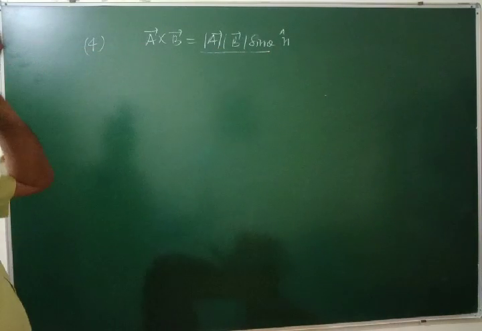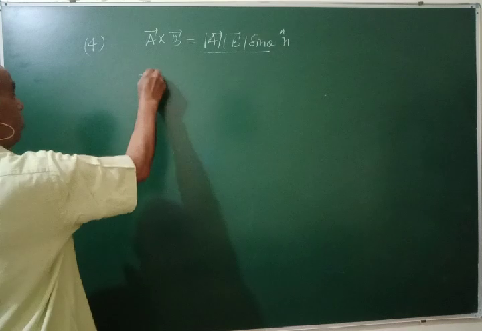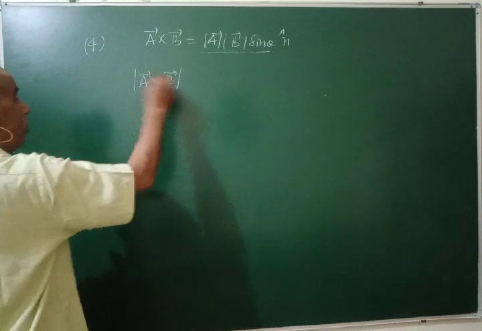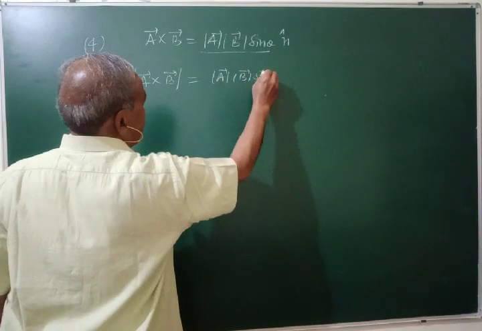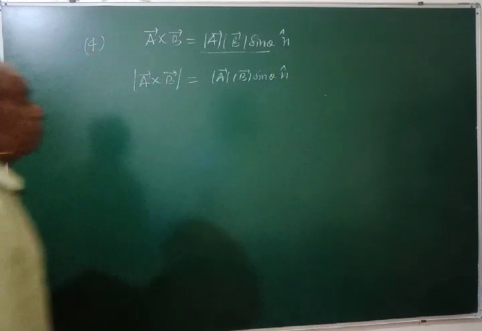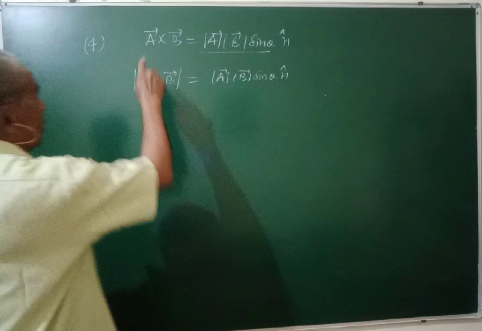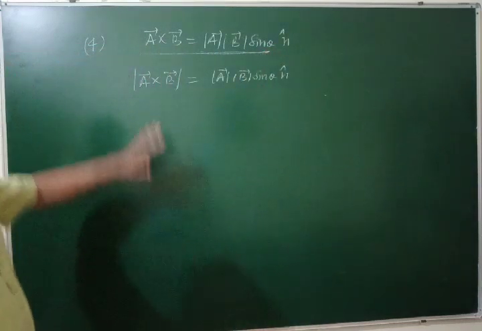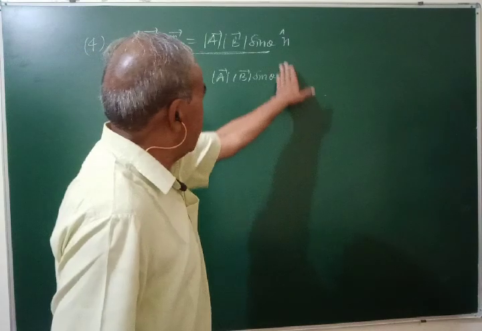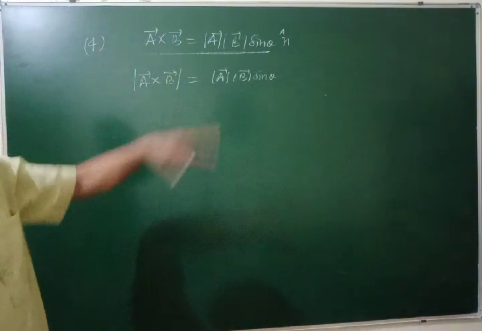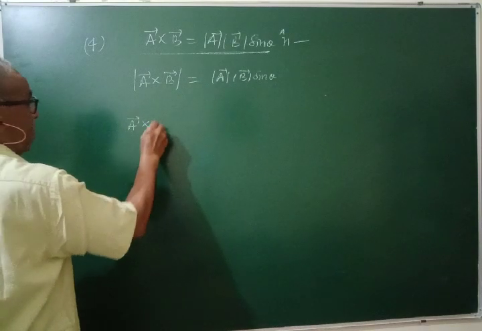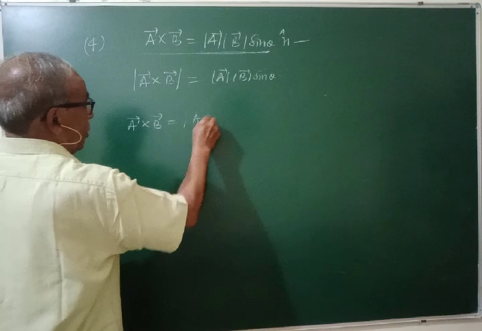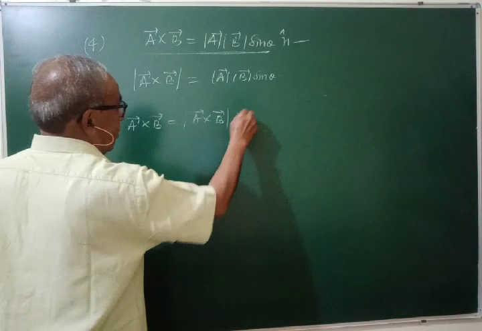If we try to find out magnitude of A cross B, modulus A cross B will be modulus A modulus B sin theta, and so this equation can be written as A cross B is equal to modulus A cross B n cap.